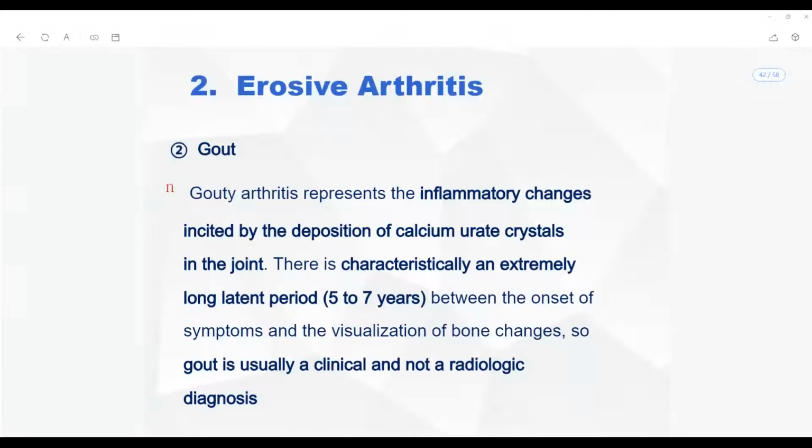Remember, don't ever forget this line: probenecid precipitates gout. So can somebody tell me what probenecid is? Probenecid is a drug used to increase uric acid excretion, right?